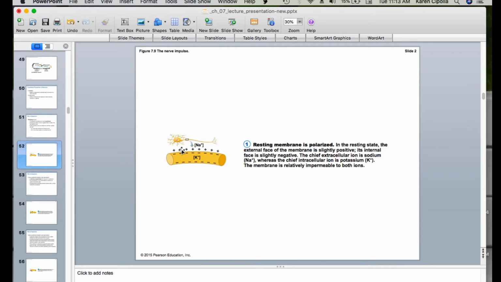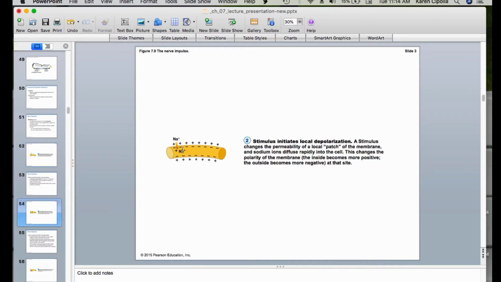What happens is when there's a stimulus, gates open up that cause the sodium ions to rush into the cell and make it less negative. So you see here, when an axon is stimulated, the sodium rushes in and changes the potential across that membrane.